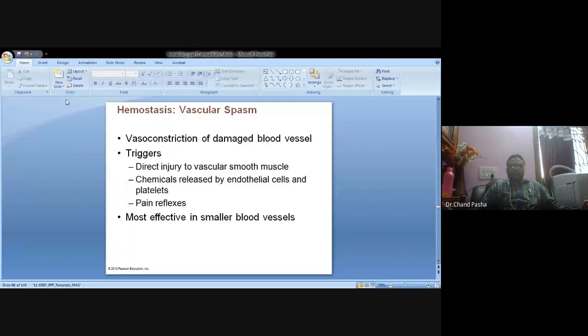And see, this process, as I told you, is more effective in smaller blood vessels, because if the vessel is very big, the flow is very high, and gentle muscle contraction may not help in controlling the blood flow. But if the blood vessel is a smaller one, it will be quite enough to control the blood flow.